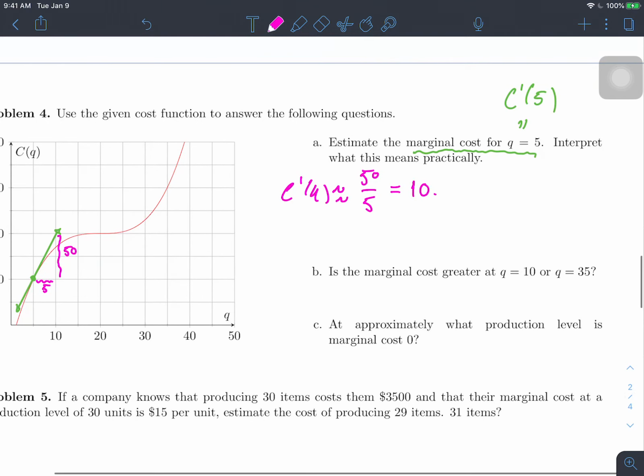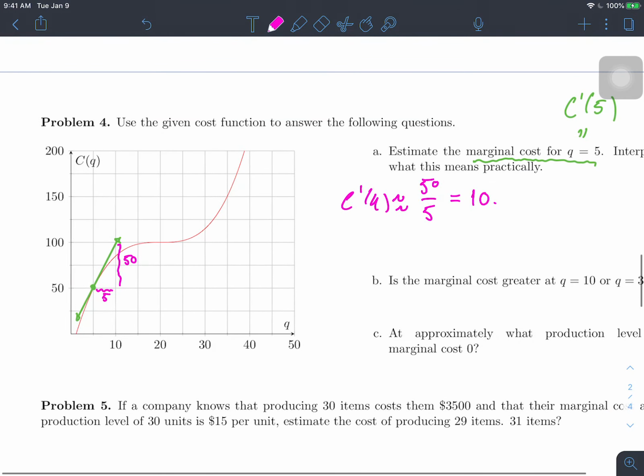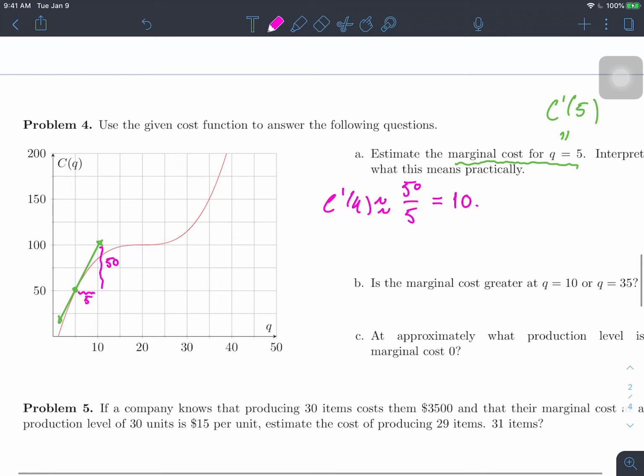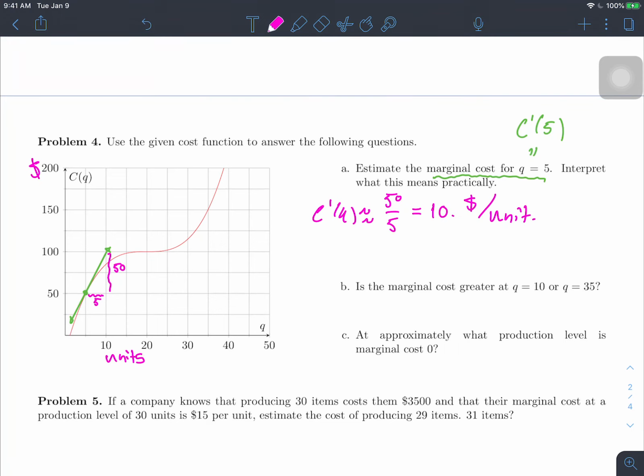Okay, the units that I would give, well, it doesn't look like we have units. Let's say that this is dollars, and this is units. I would call it dollars per unit. So what does this mean practically?